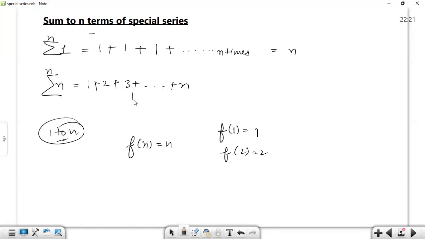So this is basically the sum of n natural numbers.